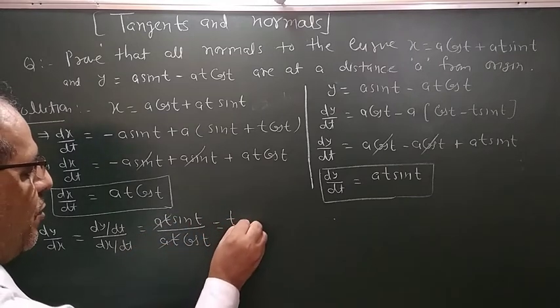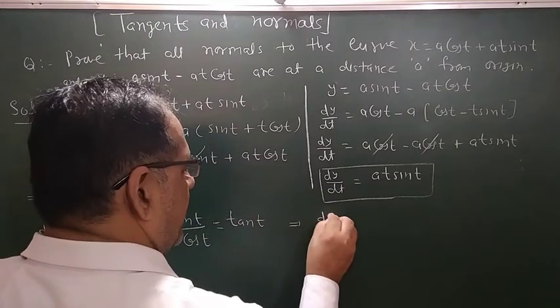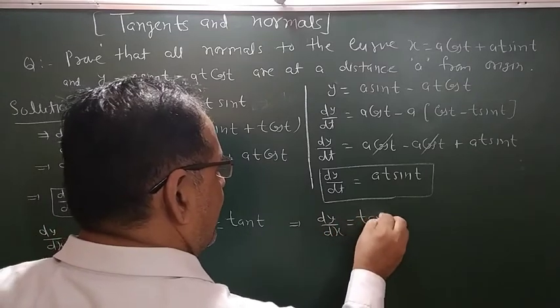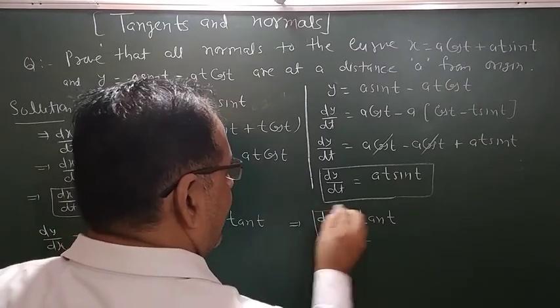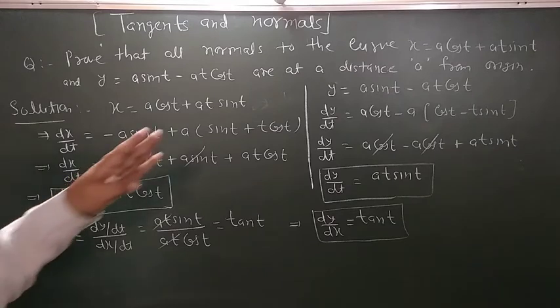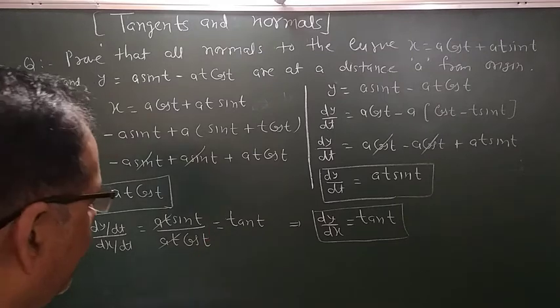So now we have only tan t. So dy over dx equals tan t. This is the slope of the tangent for the curve x equals a cos t plus at sin t and y equals a sin t minus at cos t. Okay, so this is the slope of the tangent.